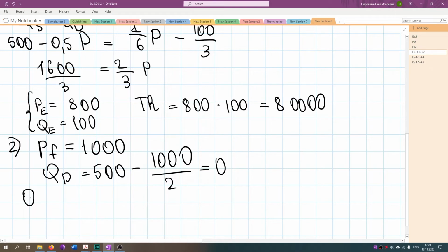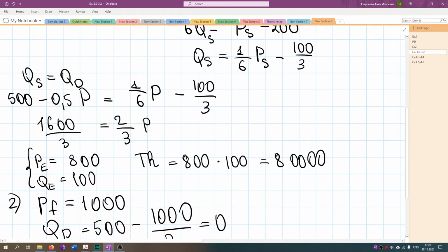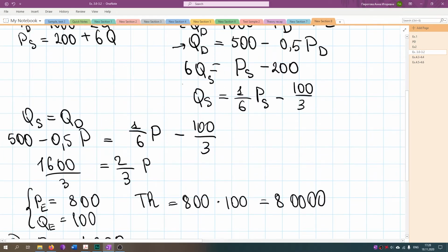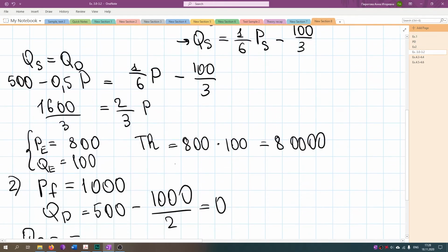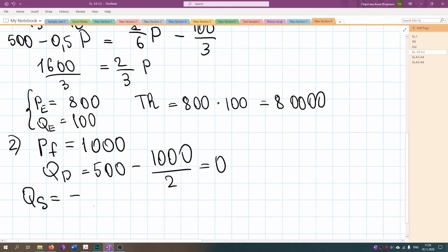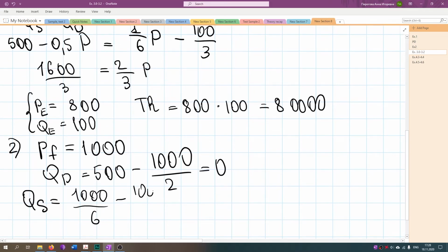But what about suppliers? What is quantity supplied if the price is equal to 1,000? So we put 1,000 into the equation about quantity supplied. So 1,000 divided by 6 minus 100 divided by 3, and it is equal to 133.33.